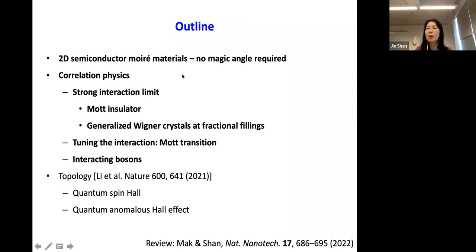Compared to twisted bilayer graphene, we do not need a magic angle. Pretty much any small angle can be magic. And then I'll give you a few examples to study strong correlation physics, first for electrons, and then I'll talk about the bosons. I don't have time to talk about topology. You can find more from this paper or from our recent review paper.